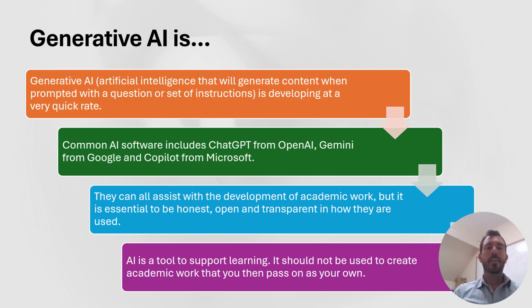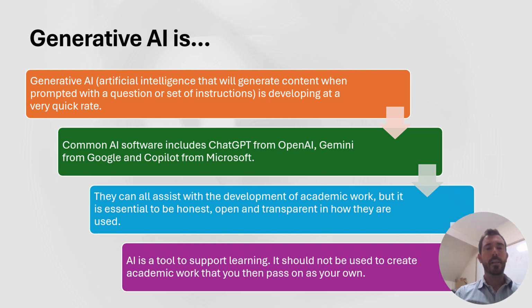These software are developing at a really quick rate, and you might be familiar with some of the commoner AI packages, such as ChatGPT from the OpenAI platform, Gemini, which has been developed by Google, and Copilot, which has been generated by Microsoft.